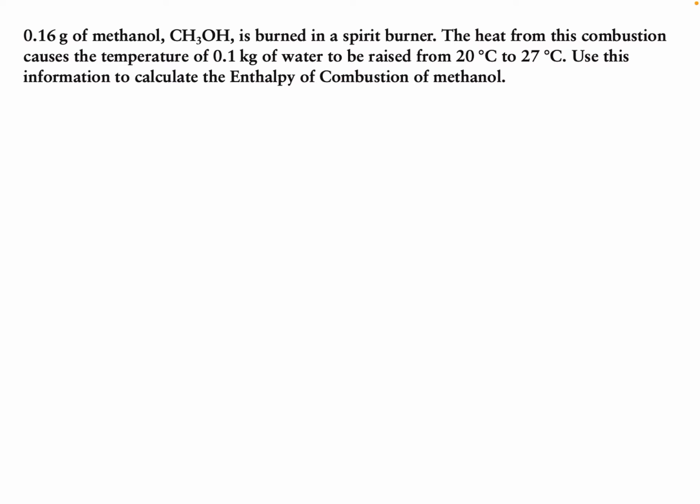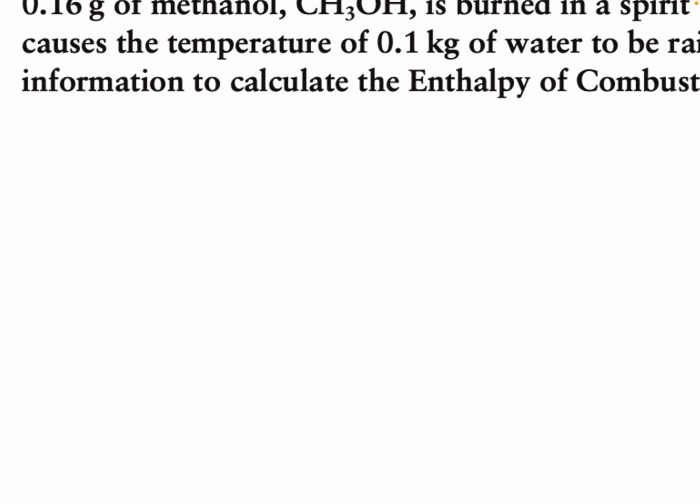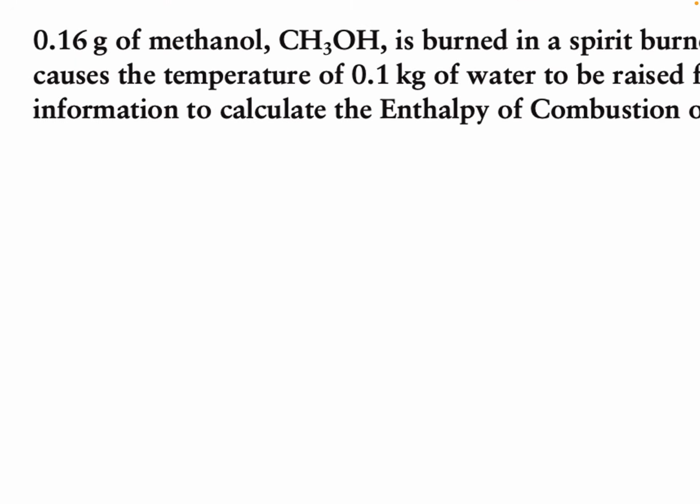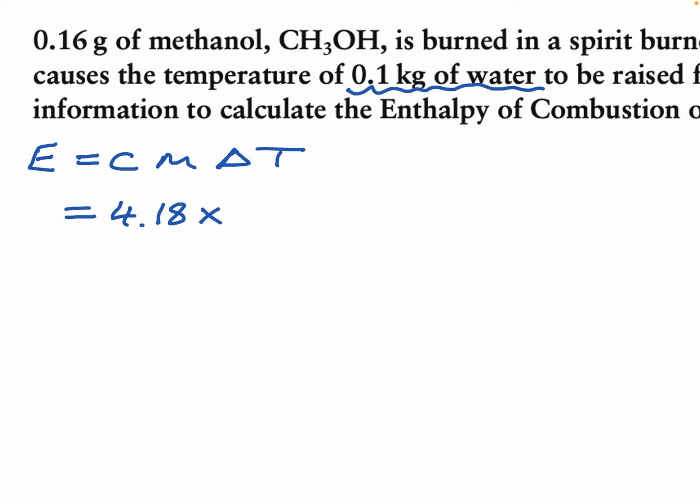So, let's get started. The equation we're going to need to start us off is going to be E equals Cm delta T. The C is always 4.18, and it does say we're using water as well, so that's going to be 4.18. Times the mass, it does mention 0.1 kilograms of water.